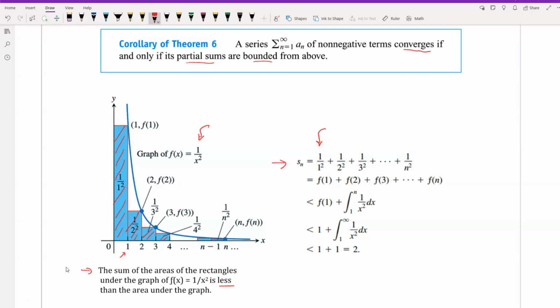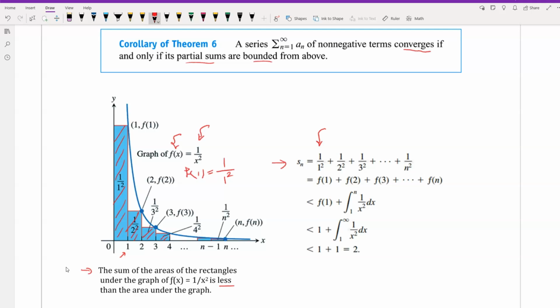That is equal to f of 1, where x equal to 1, f of 1 equals 1 over 1 squared. Then x equal to 2, so we have f of 2, then f of 3, up to f of n.